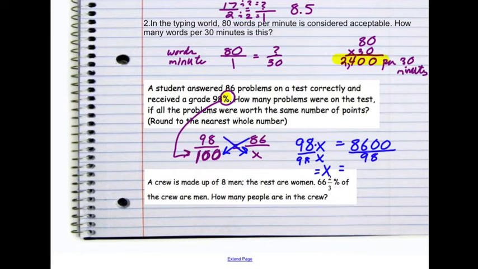If I divided this side by 98, I also have to divide this side by 98. So 8,600 divided by 98 is actually 88 test questions. And again, this is something you're going to be able to use a calculator on. You just want to be able to remember the process. How did I figure out what that x actually equals?